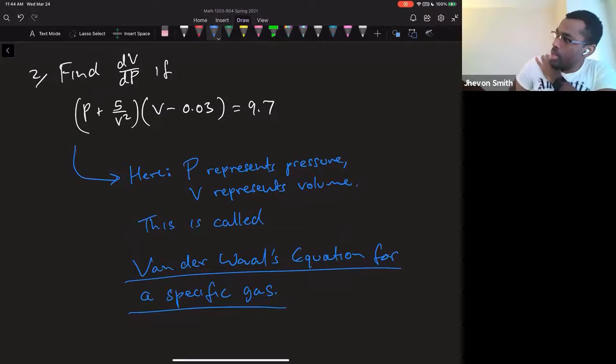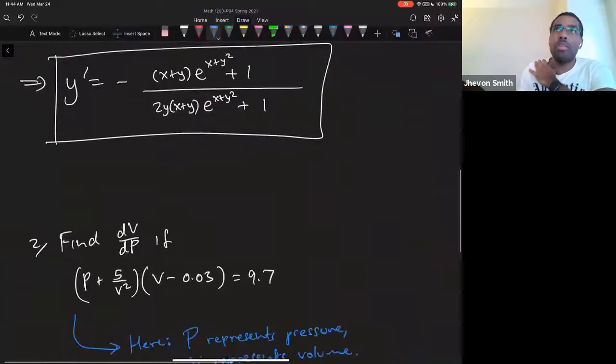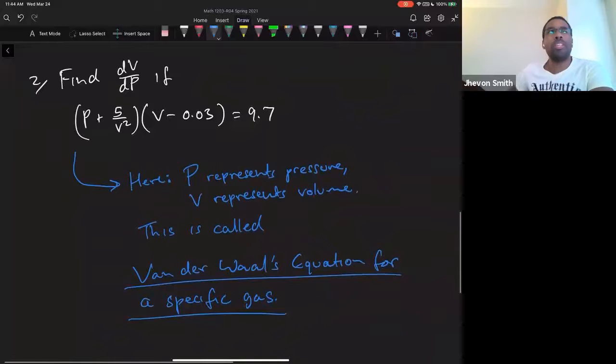So not only does implicit differentiation help us with situations where, as we did last time, I couldn't solve for the function, I didn't know what the function is, but I still could describe the slope of a tangent line to the curve of the function.